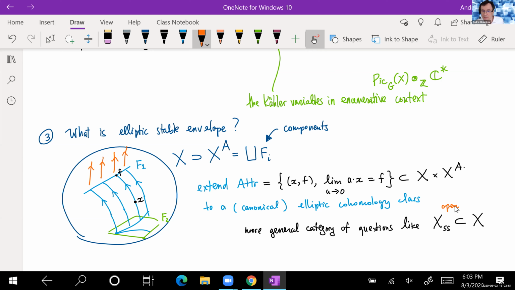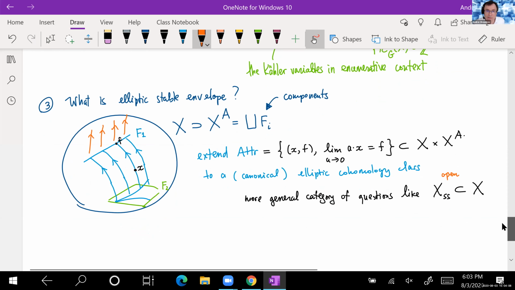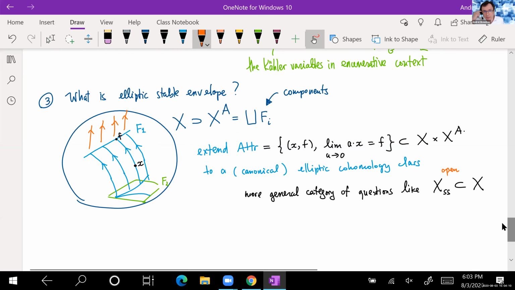Konstantin did a lot of really important work on that, which was continued by others, so this is a very well studied problem.